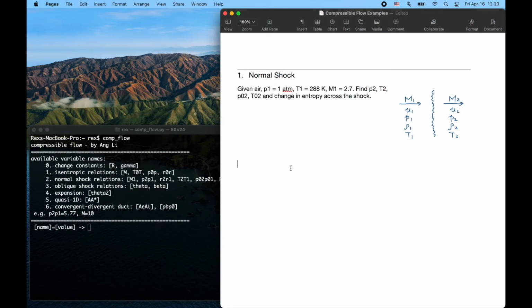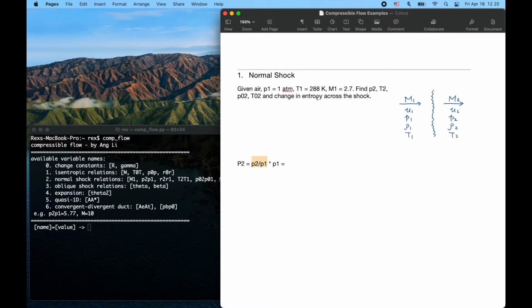The first question is about normal shock. Given the pressure P1, T1, and Mach number 1, find pressure 2, temperature 2, PO2, TO2, and delta entropy. So what is pressure 2? It's going to be the ratio across the normal shock times P1.